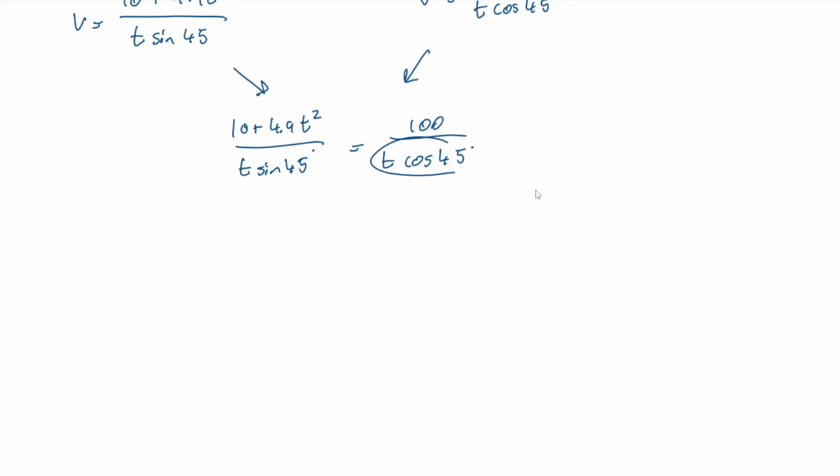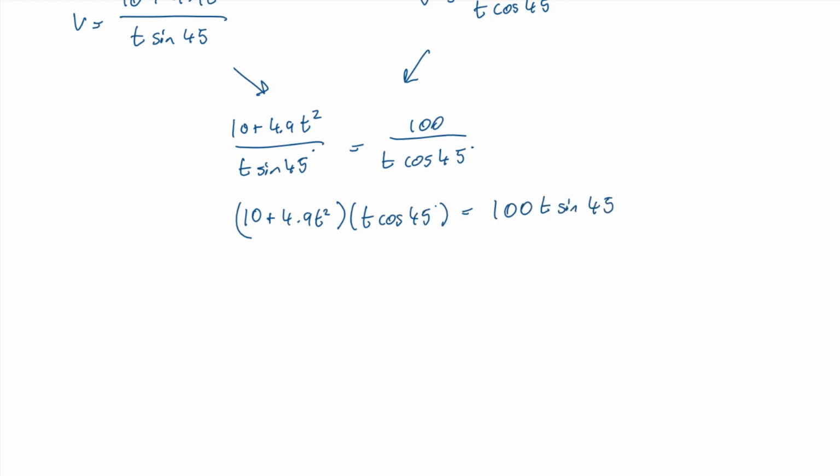So multiplying across, 10 plus 4.9t squared, all times t cos 45 equals 100 t sine 45.